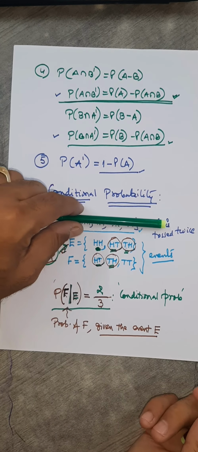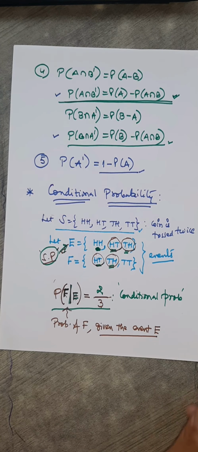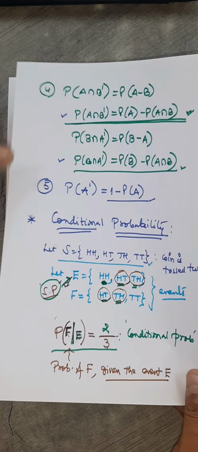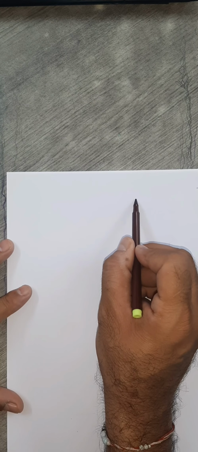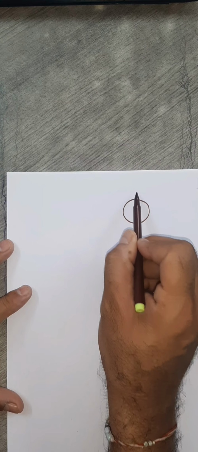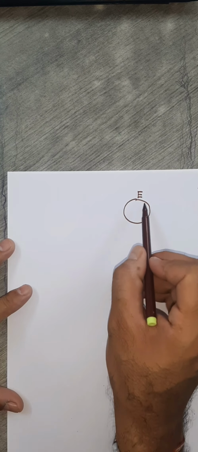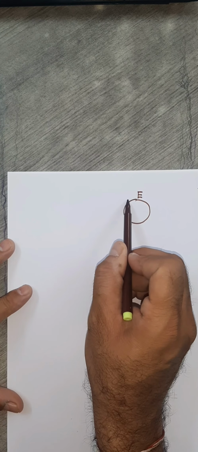Fine? So here what you can do, if I write further, let me write like this. Suppose this event E has occurred here first, and this is event F like this.